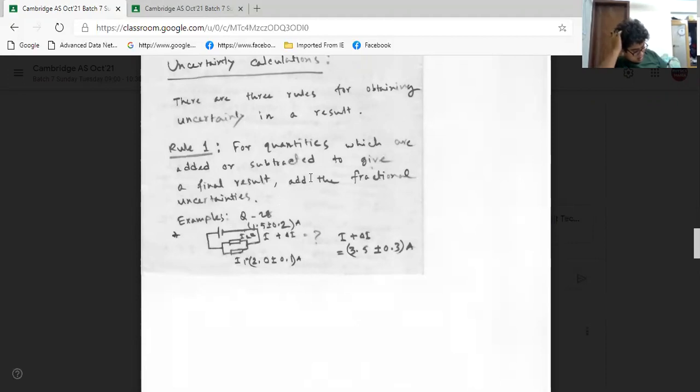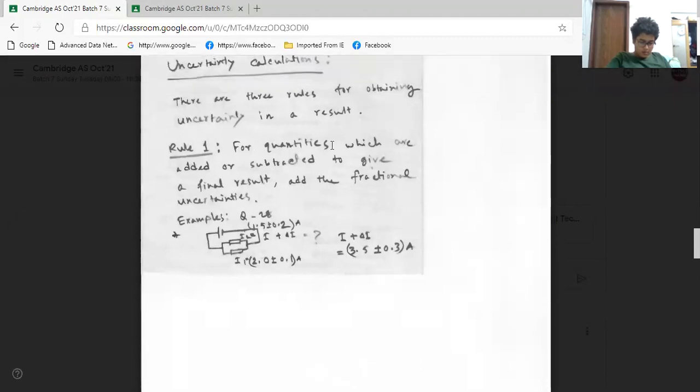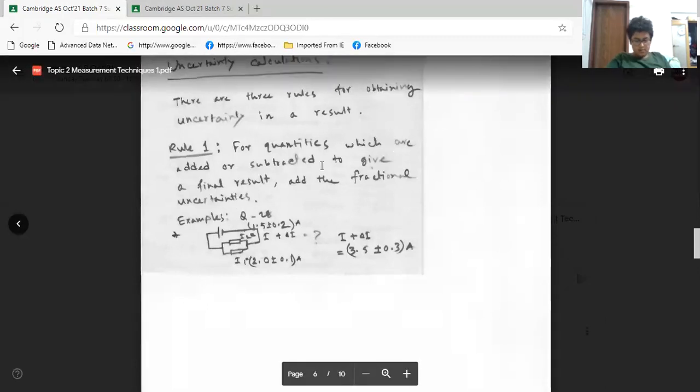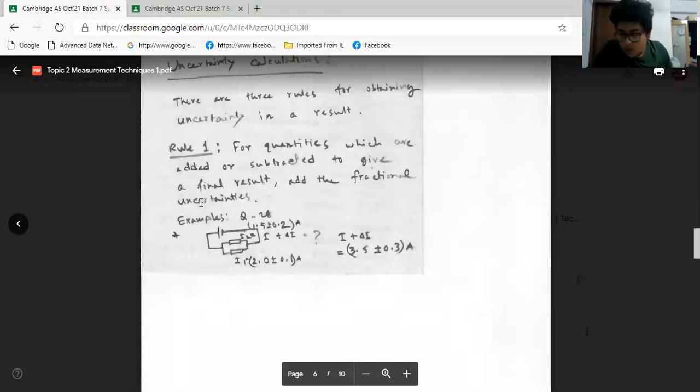We actually did this wrong. You cut this in your note. You should write here absolute uncertainties. I should also correct it. For quantities which are added or subtracted to give a final result, add the absolute uncertainties.